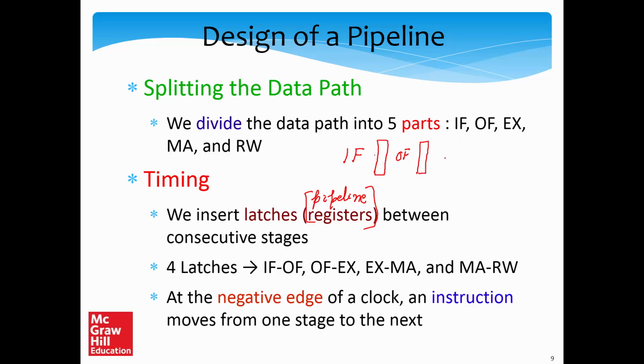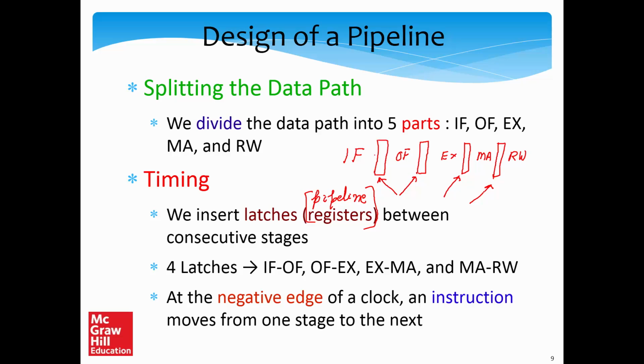Then again the EX stage, the same thing, the MA stage, and the register write stage RW. So what we see over here is that we are adding 4 pipeline latches. Let's call this the IF-OF latch, because it's between the IF and OF stages. Similarly, we'll add an OF-EX latch, an EX-MA latch, and an MA-RW latch.